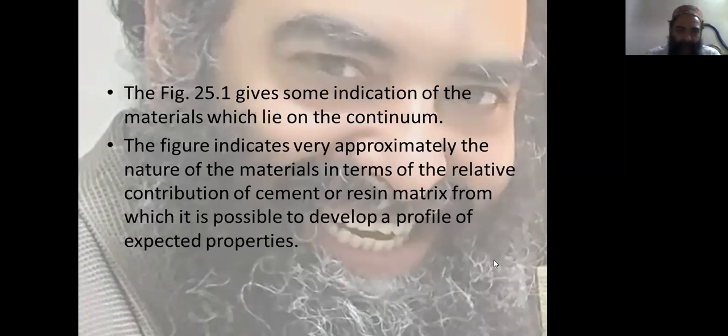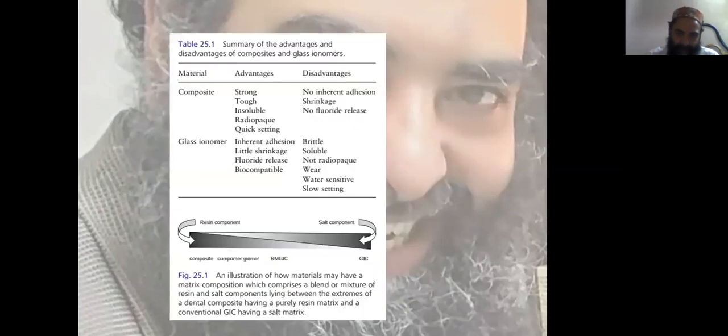The figure in the book will give you some indication of the materials which lie on the continuum. The figure also indicates very approximately the nature of the materials in terms of the relative contribution of cement or resin matrix, from which it is possible to develop a profile of expected properties. This is the figure.